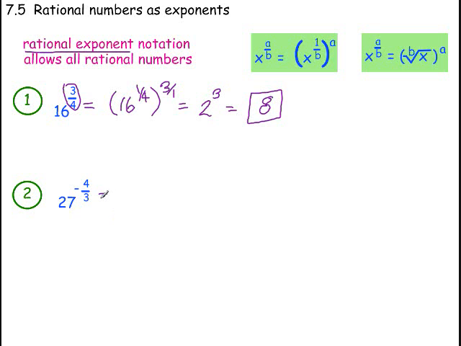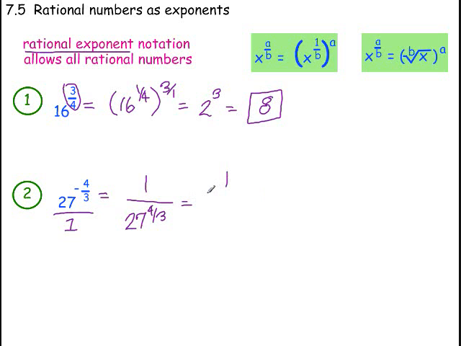Let's do it down here. Now this one's a little more complicated to get started because of this negative. So I'm always going to consider the fact that this actually could be expressed as a fraction. And I'm going to move the factor here that has a negative exponent to the denominator, and that helps me out because now I don't have a negative exponent any longer.